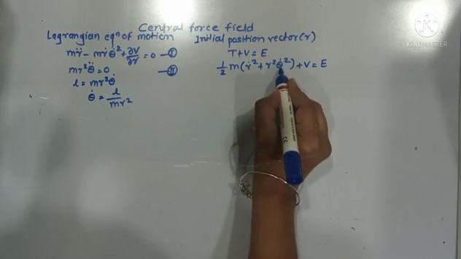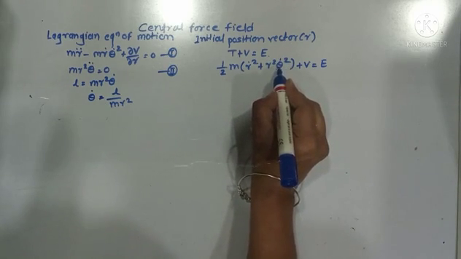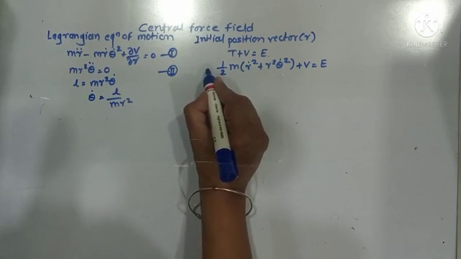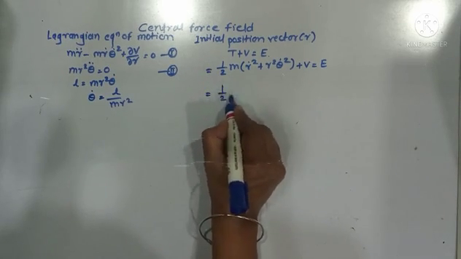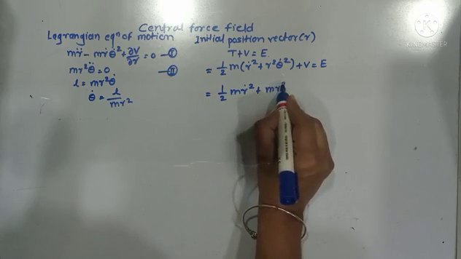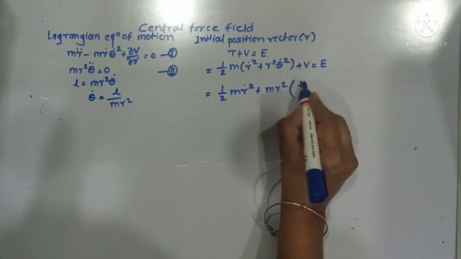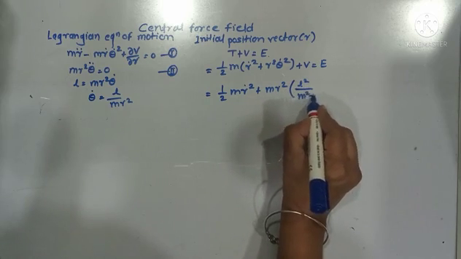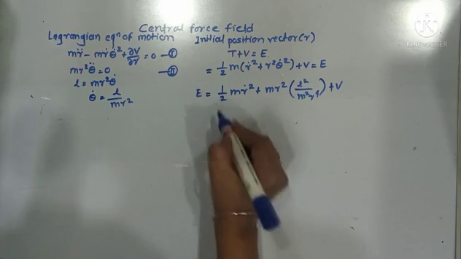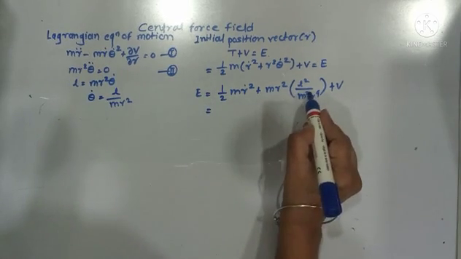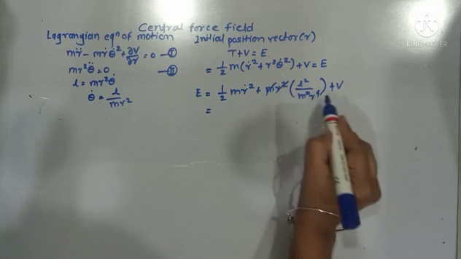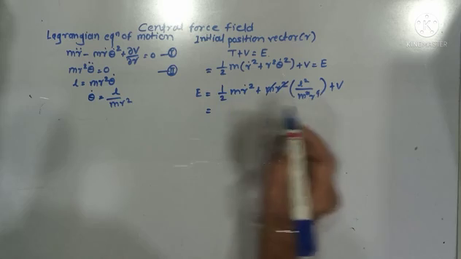Now let us put the value of this theta dot, which is the angular displacement rate and which we calculated from the second Lagrangian equation of motion. So I can write 1/2 m r dot square plus 1/2 m r square multiplied by L square upon m square r raised to 4, plus V is equal to E. So this m and this m square will get cancelled, and this r square and r raised to 4 will get cancelled.